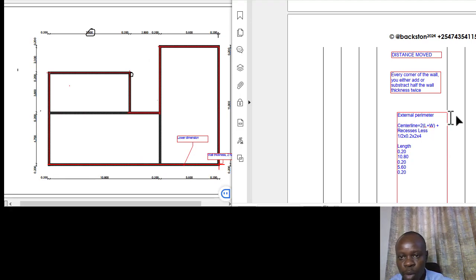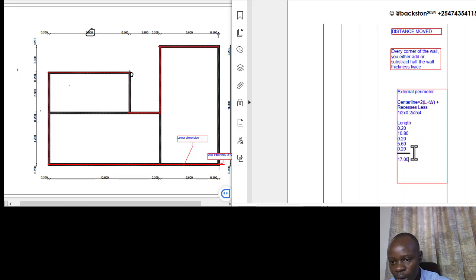When we add these, it should give us what we need in terms of the length alone. That should give us 16.8. This is going to give us 17.00 as the length of this particular plan.